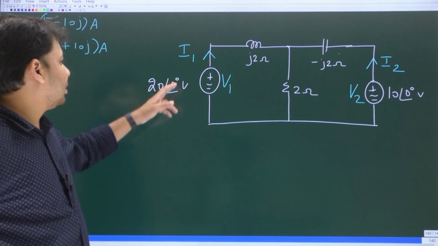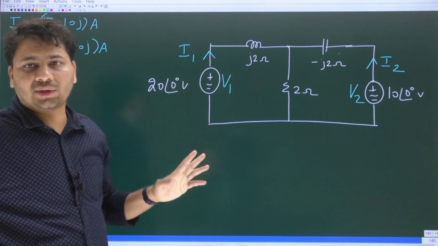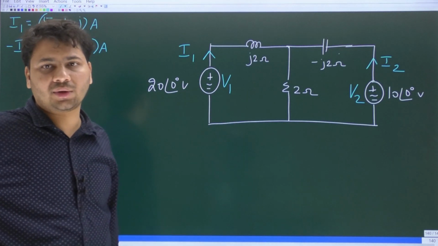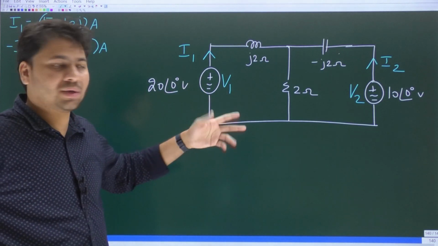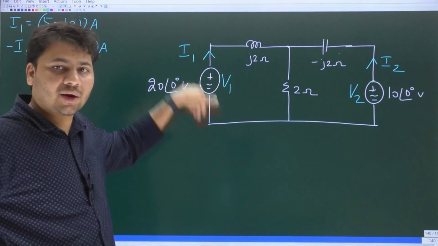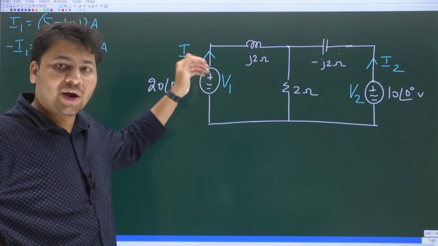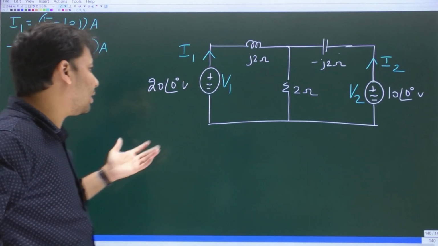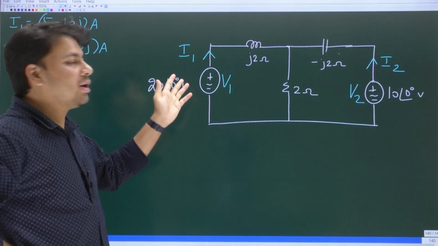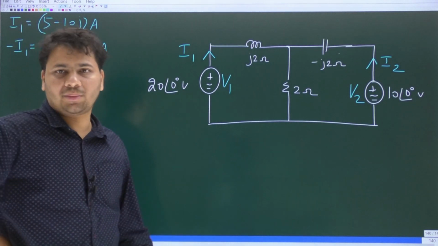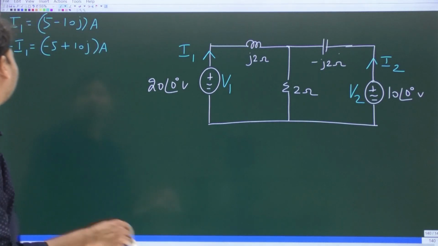Because I1 is flowing out of plus, but we want the average power absorbed by the source. Average power absorbed will be related to voltage times current flowing into plus. Minus I1 flows into plus. Or else you can simply compute the power supplied, and the negative of it will be the power absorbed.